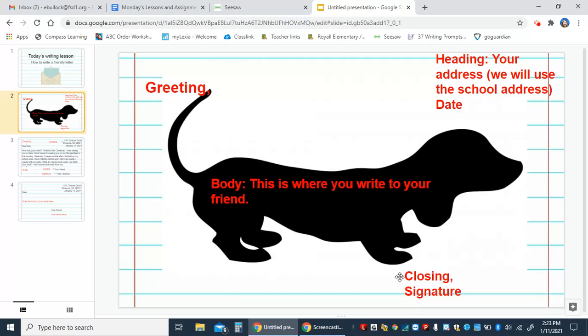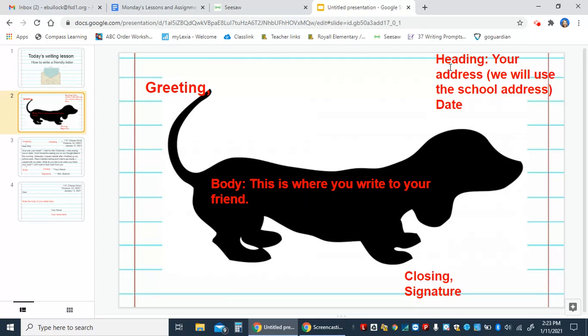And sometimes for a closing, when I'm writing to a friend, I might just end my closing by saying, your friend, and a comma. And then right underneath that is where I put my signature, which means I actually write my name, okay?